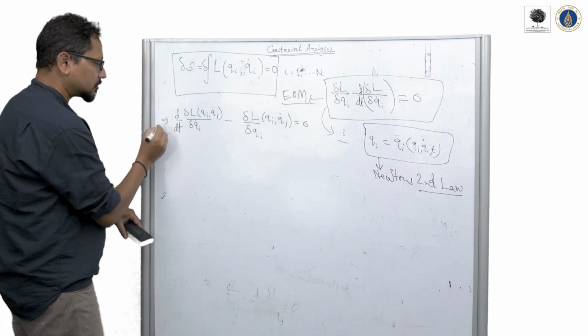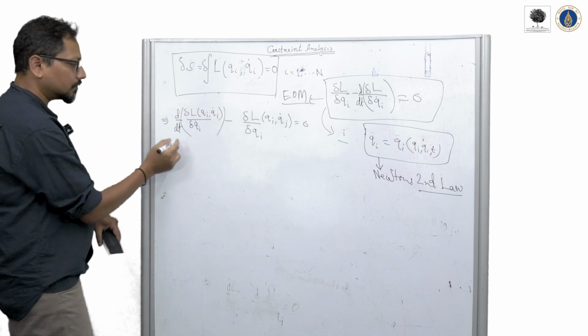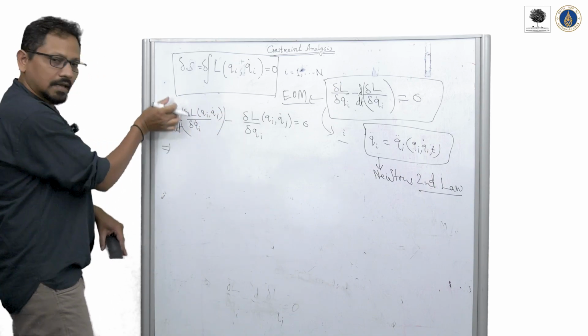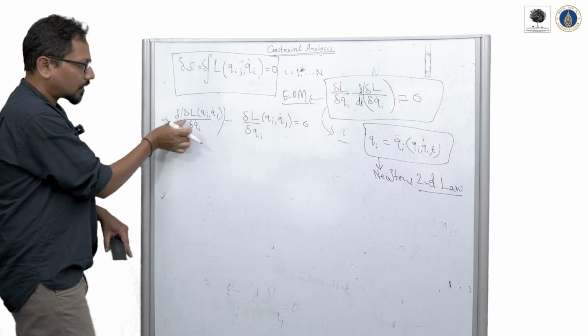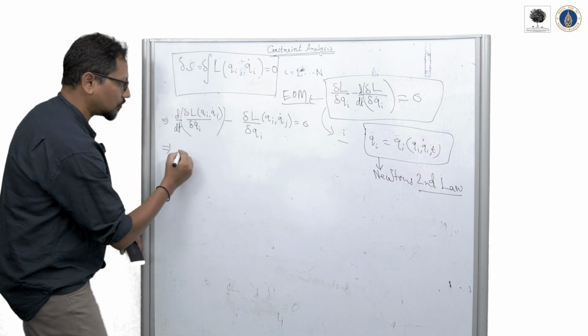So let us split this term. The d by dt, this exact differential, commutes with the delta variation, so we can take it out.